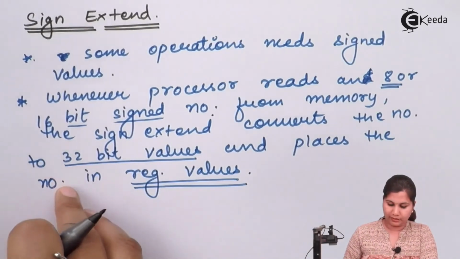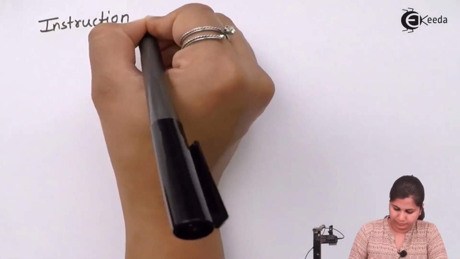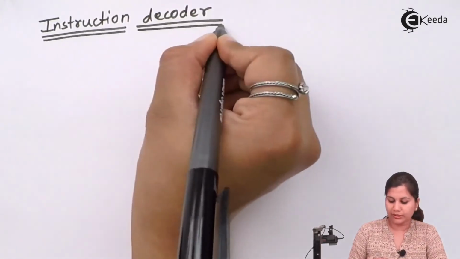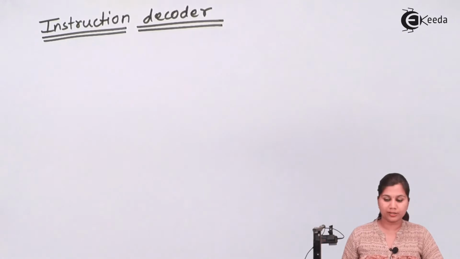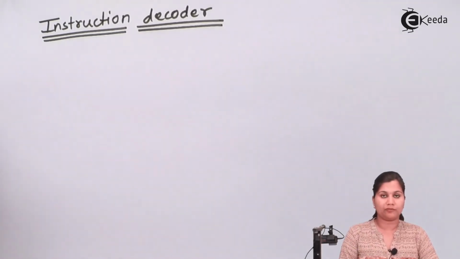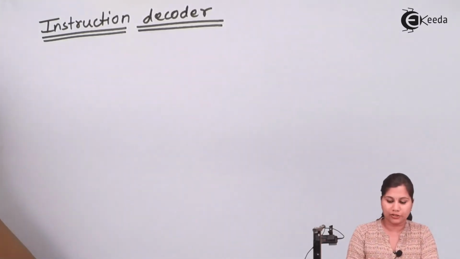Next block is the instruction decoder. Now the function of the instruction decoder is to decode the instructions, and then according to the operation to be performed by the instruction, it will be executed.